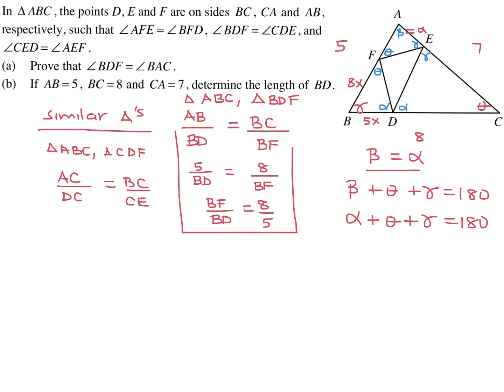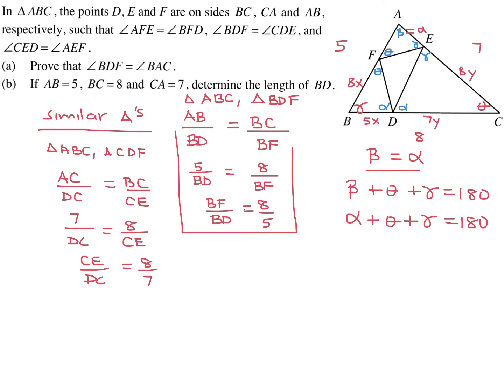And then substituting our numbers, 7 over DC is equal to 8 over CE, and therefore CE over DC is equal to 8 over 7. So we go back and let's label that. So that means if this is 8y, this will be 7y.